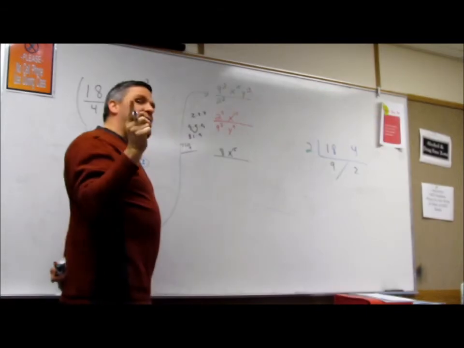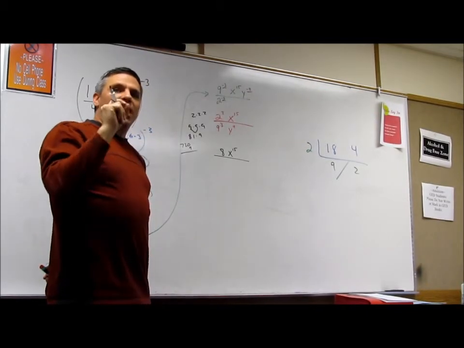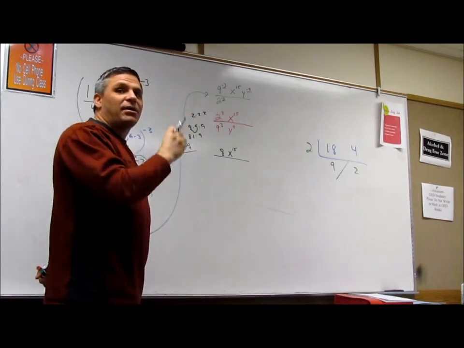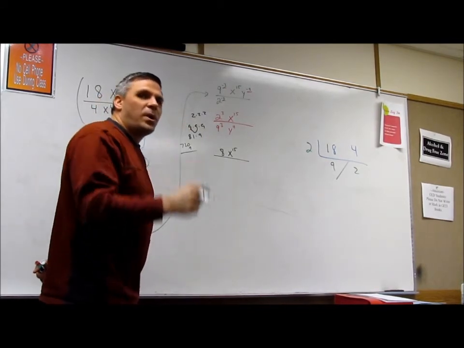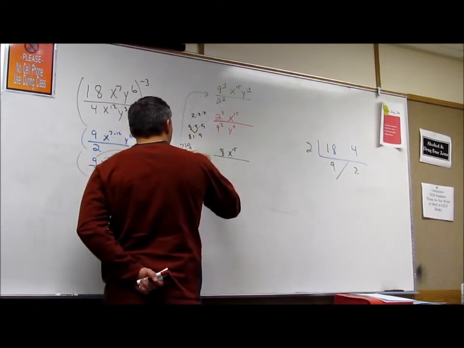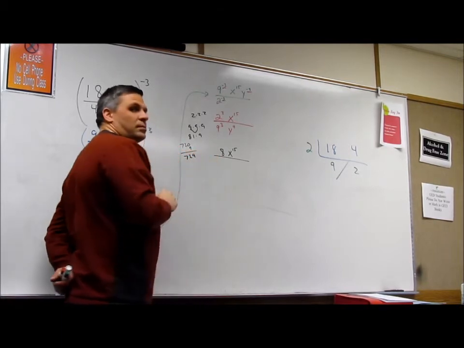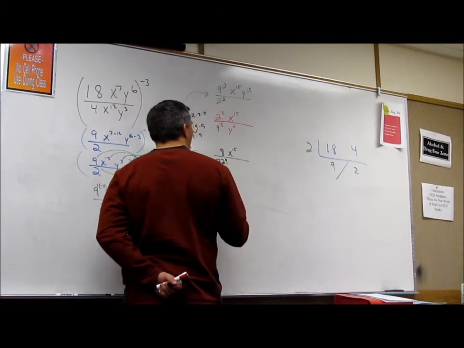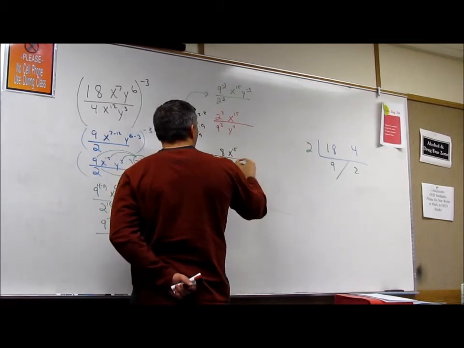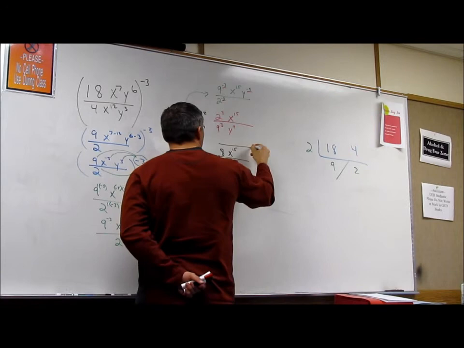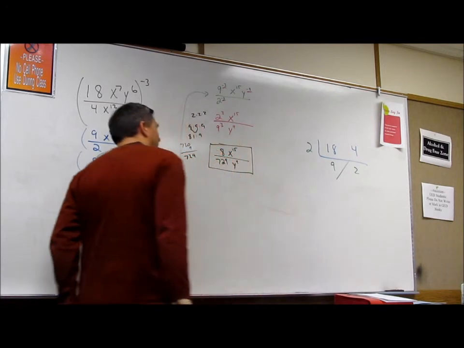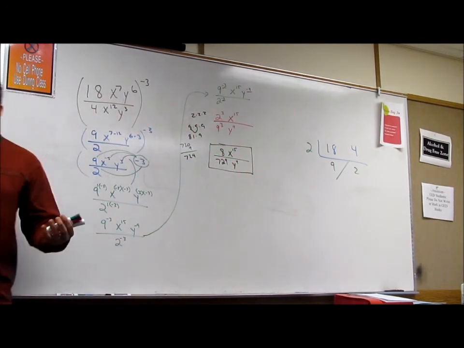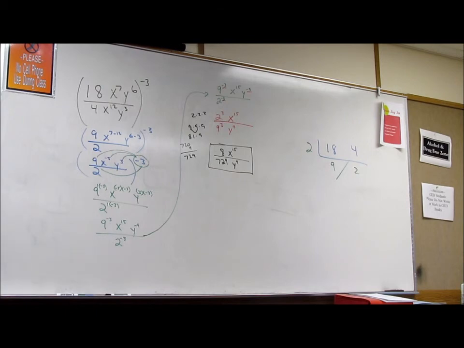I can use my calculator to check my work, but I would suggest doing it without the calculator and then checking it with the calculator. And so now I have 729 x to the 15th over 8 y to the 9th. And that is a tough problem.